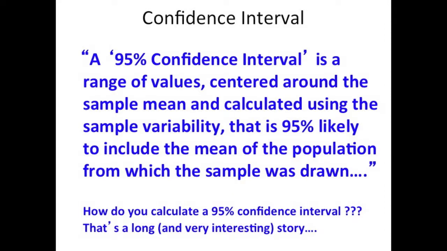But all of those calculations do the same thing. They give you the range of values centered around your sample mean for which you are 95% confident that your true population mean is in that window.